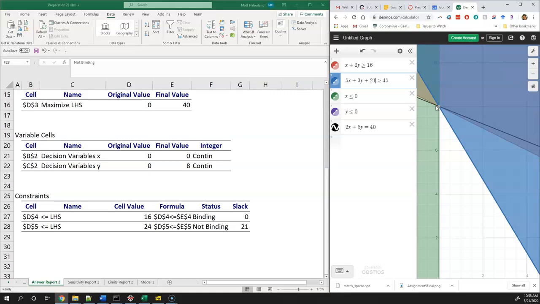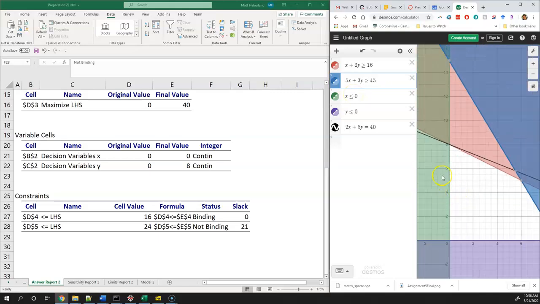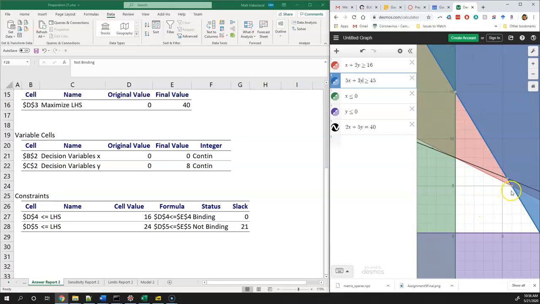If we add 21 to it, however, then this constraint also would become active. It would be satisfied by equality. And if we added any more than that, the optimal solution is now going to be here. It's going to have changed. Okay, so a slack of 21 on that blue, that's quantifying how far away it is from affecting the solution to our problem.